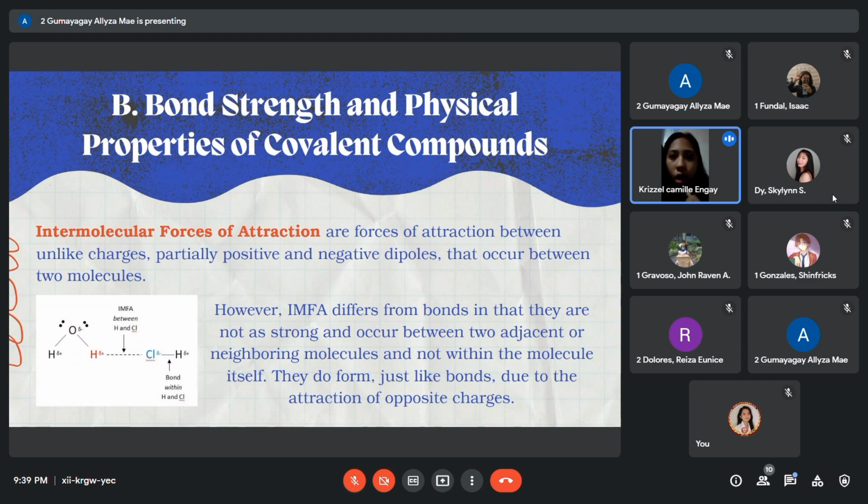The binding arises from the electrostatic attraction of their nuclei for the same electrons. Nevertheless, IMFA differs from a bond in that they are not as strong and occur between two adjacent or neighboring molecules and not within the molecule itself. They form just like a bond due to the attraction of opposite charges. May I call on Miss Joya Amare to continue the discussion.